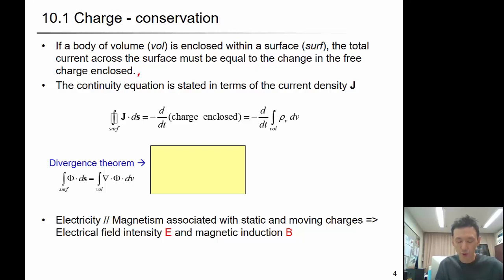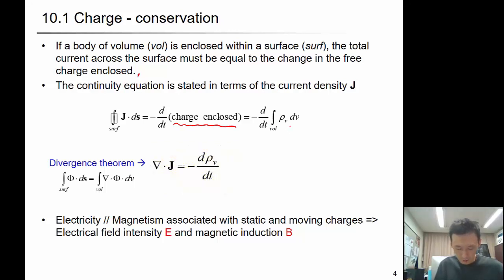From the charge conservation, the continuity equation is stated in terms of the current density: the surface integral of J dot dS is the time-varying charge enclosed in the system, or you can say minus d over dt of the volume integral of rho v dV.